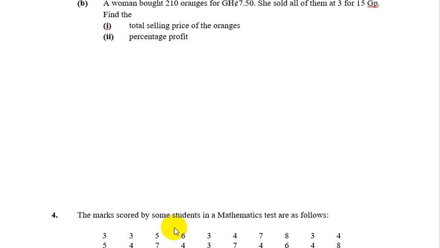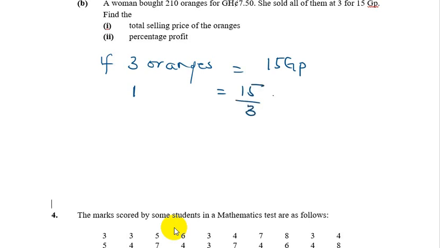Now she sold this so if 3 oranges equal 15 Ghana pesos, what will be the price of one? The price of one will be 15 divided by 3. That is what? 5 Ghana pesos. So it means that one orange is 5 Ghana pesos. Now, after getting that, how many oranges are there?